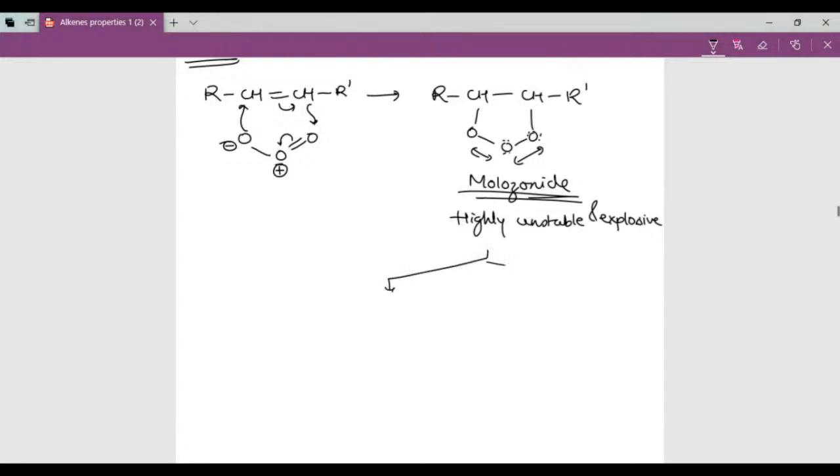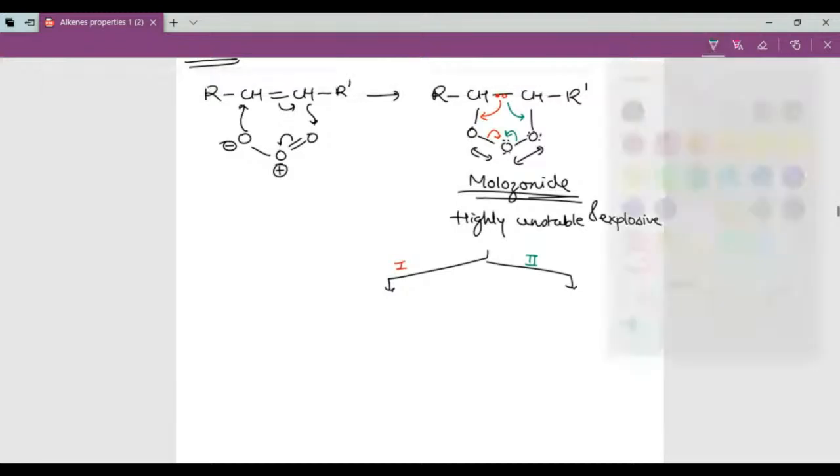Now I have to write it two ways. Let me use two different colors. Point number one is, what if this bond goes here and this is formed? So this is our method number one, and here I'll write method number two. What if it goes here and this way?